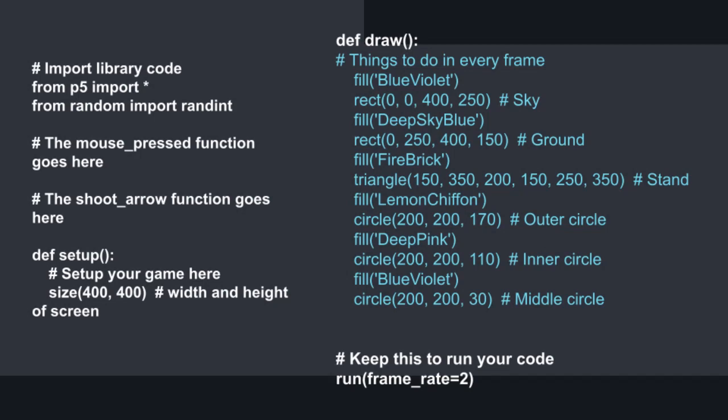Fill, lemon chiffon, circle, 200, 200, 170. Fill, deep pink, circle, 200, 200, 110. Fill, blue violet, circle, 200, 200, 30. Run, frame_rate equals 2.